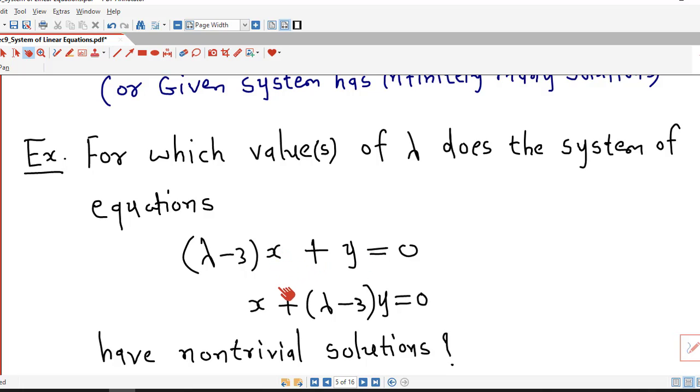In this system the number of variables is 2 and the number of equations is 2, and the system is homogeneous. So we know that if the determinant of the coefficient matrix is 0, then this system has non-trivial solutions. So we write down the coefficient matrix and find its determinant.